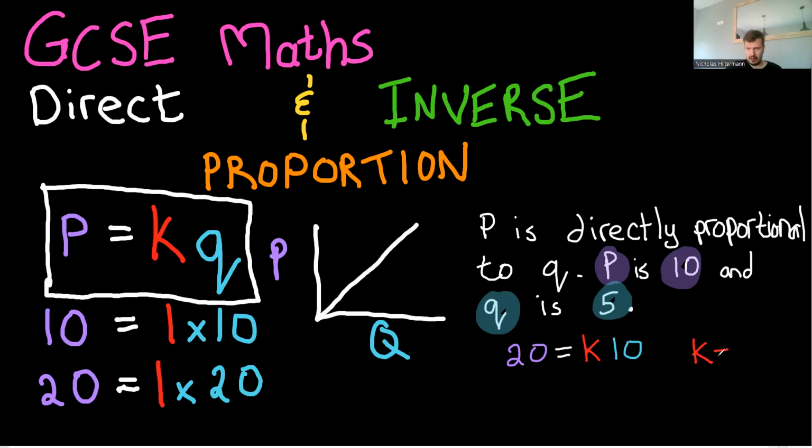And then the second bit, they would say, what is P when Q is 3?